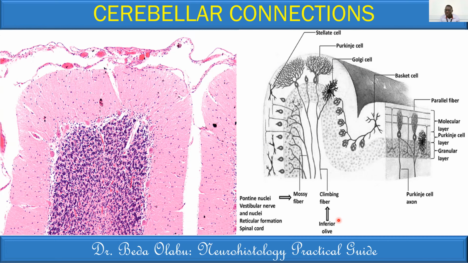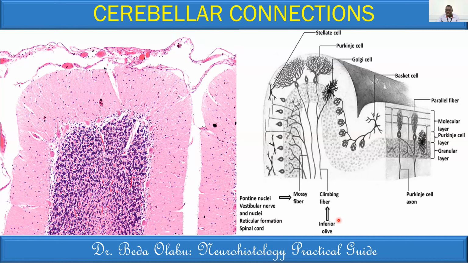So they could come from the pontine nuclei, they could come from the vestibular nucleus. They may come from the cuneate nucleus. Wherever they come from, they enter the arbor vitae and then make a synapse within the granular layer. So there's some relay.